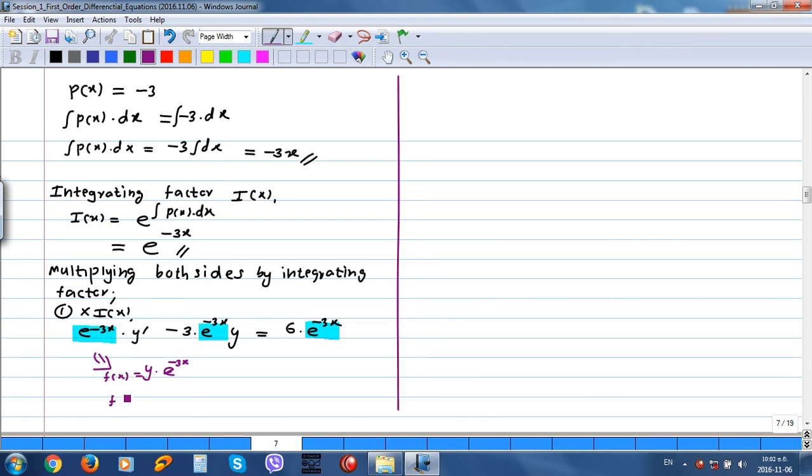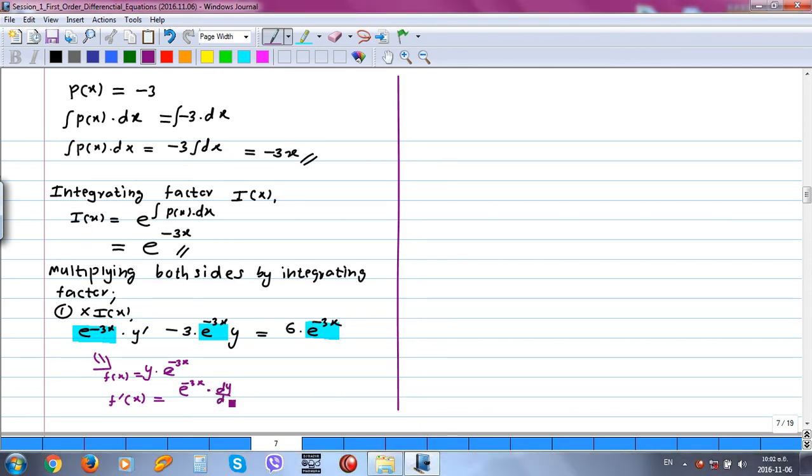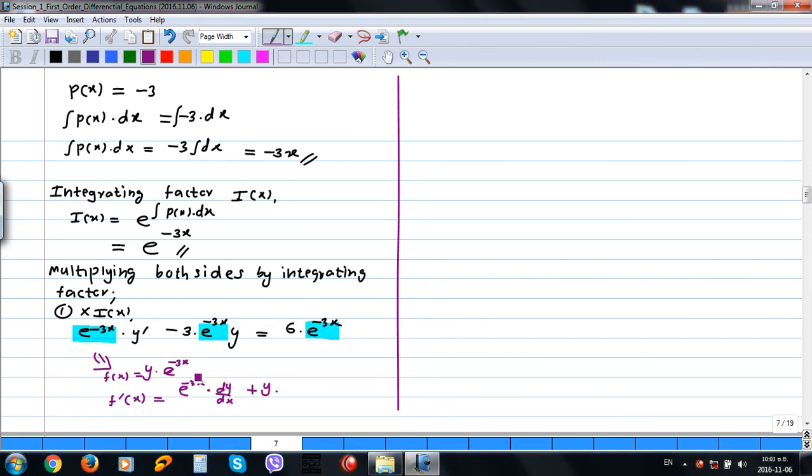So I am writing f dash of x equals e to the power minus 3x times dy by dx, plus y times the differentiation of e to the power minus 3x, which needs to be multiplied by minus 3.